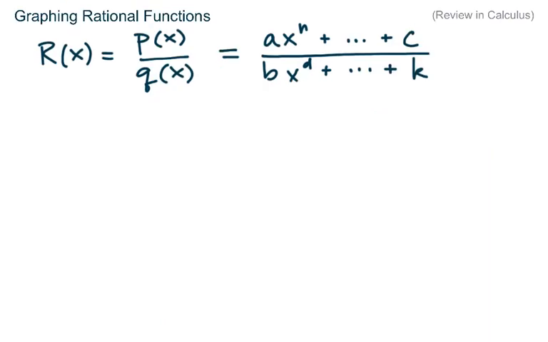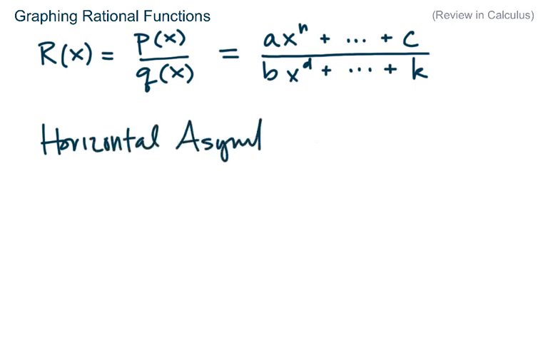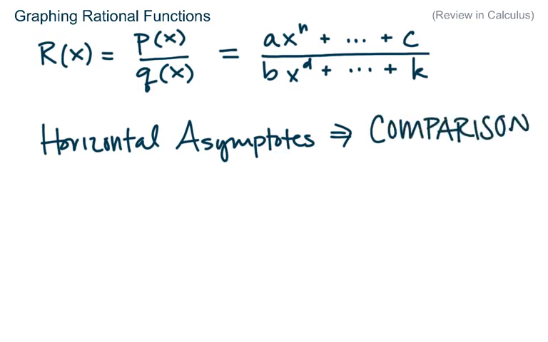So for horizontal asymptotes, we're going to use the comparison test. And what the comparison test states is that we're going to compare the degree of the numerator n to the degree of the denominator d. Okay, so that n is coming from the numerator and the d is coming from the denominator.